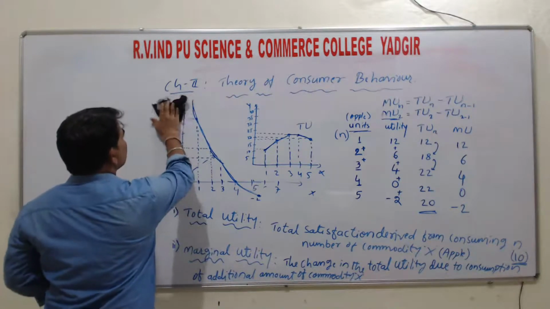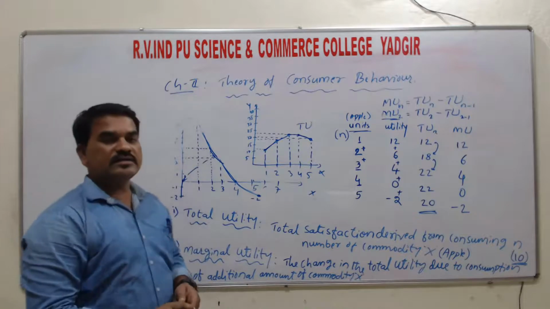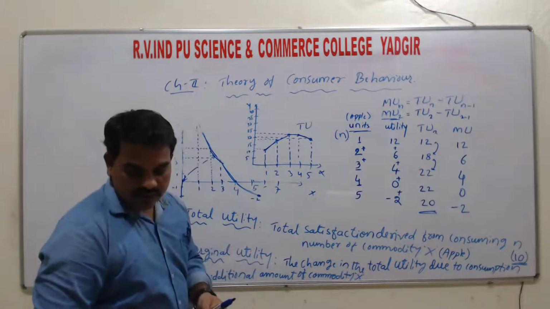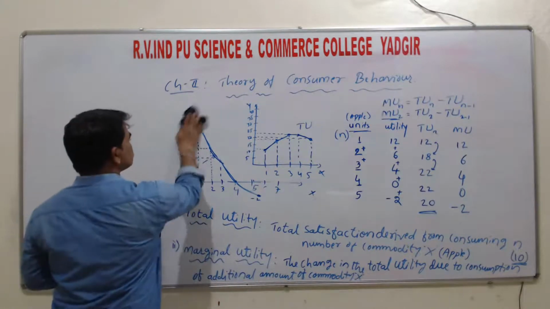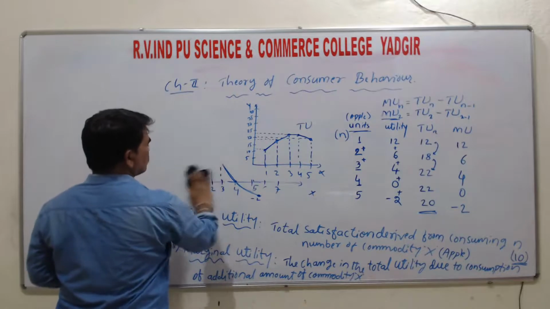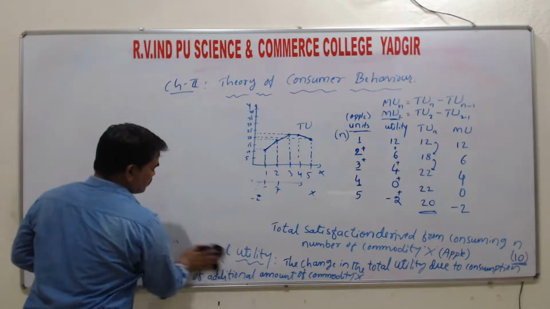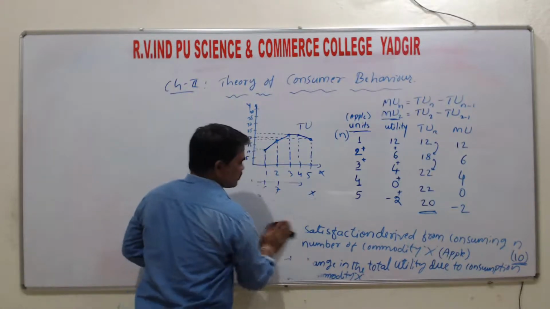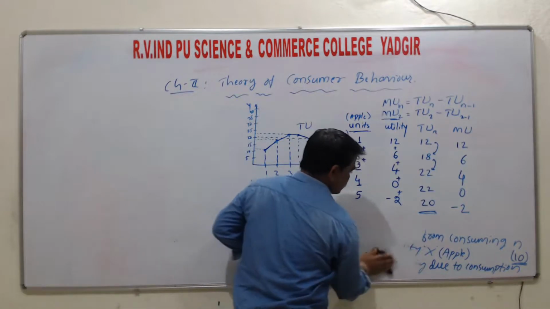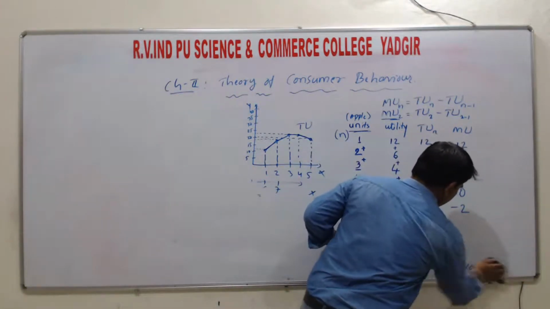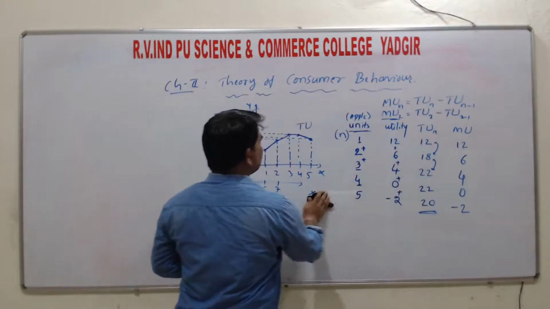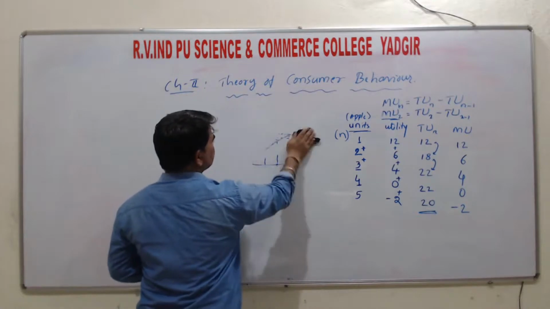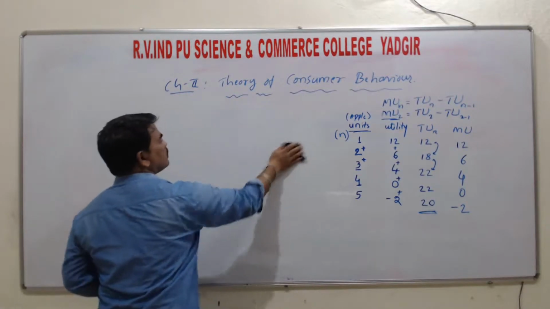But now, we will try to understand what the law of diminishing marginal utility is. What that law says. I'll keep the data. We can use that for our explanation, for our discussion, for our understanding.